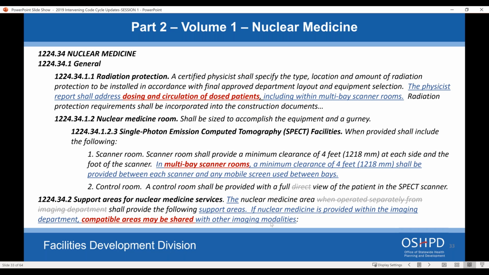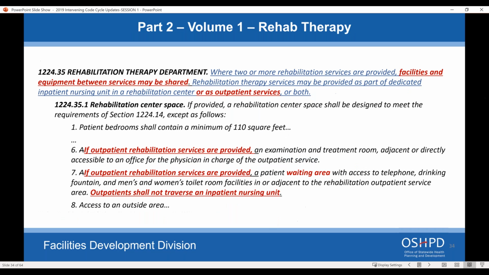But you still need that dosing area and the patient holding area for nuclear med if there's any type of higher radiation doses being administered. So hopefully I add some clarification on that in the future because it was worded poorly.